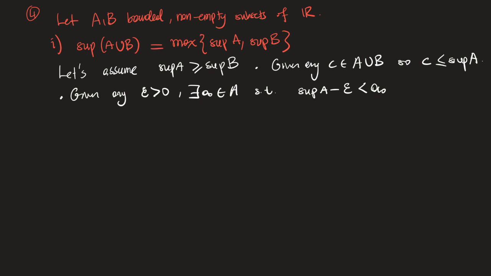But this A0 is also in the union, so our definition holds. A0 is in A, so it is in the subset of A union B. So this is finished. It satisfies the definition of supremum of this union, and since supremums are unique, we are finished.